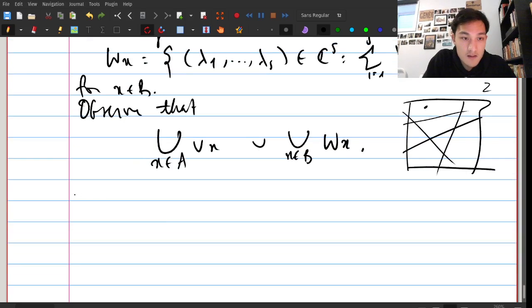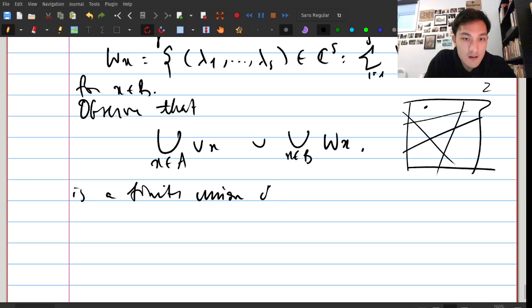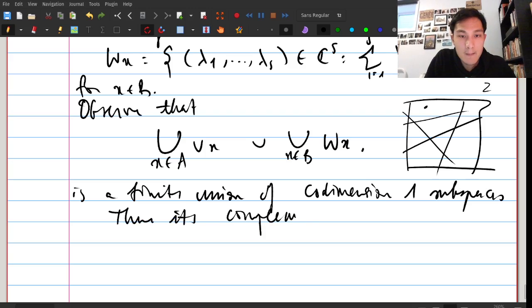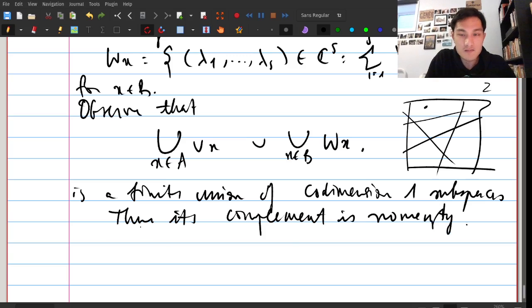So this is a finite union of codimension 1 subspaces. Thus its complement is non-empty. Really, its complement is very non-empty; it's almost the whole thing.